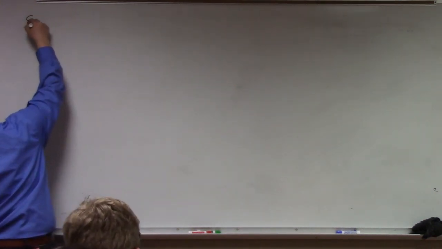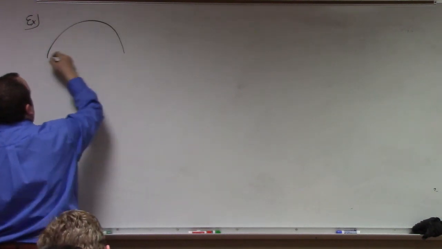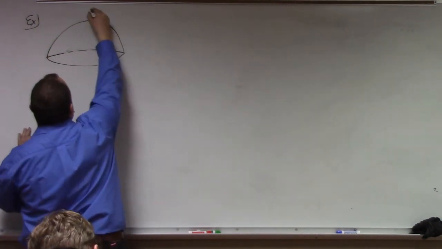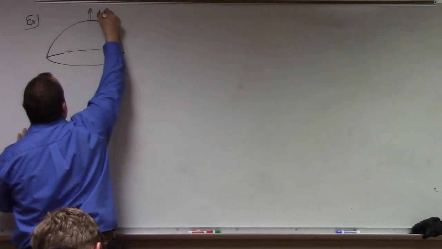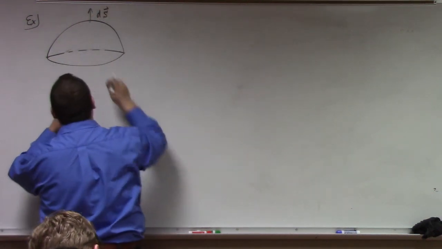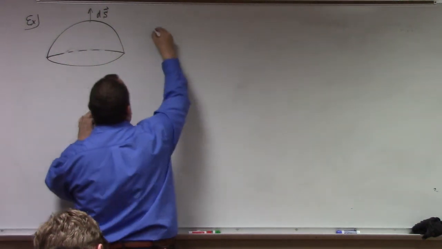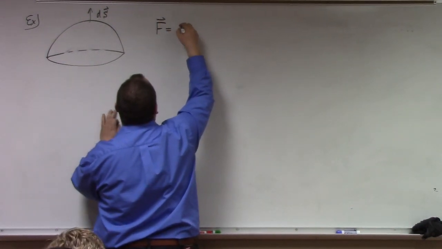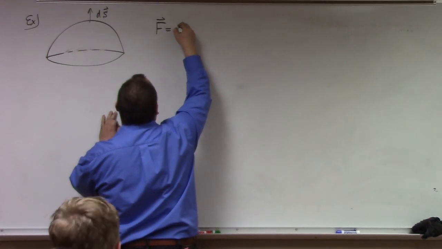So here's another example. Suppose you're looking at a hemisphere, right? Oriented in the, there you go. And we're going to look at the vector field F equal to z hat.